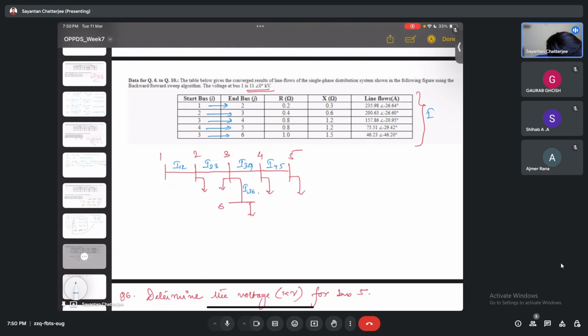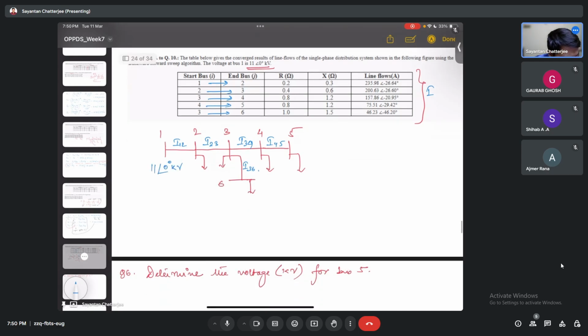And initial voltage for bus 1 is also given, 11 angle 0 kV. And the line impedances are also known here. Same formula, but we just need to calculate the line flows. There we had to calculate the line flows individually, and then we could have used that to get the final values of voltages. But here directly initial voltage is given and the line flows are also given, right?